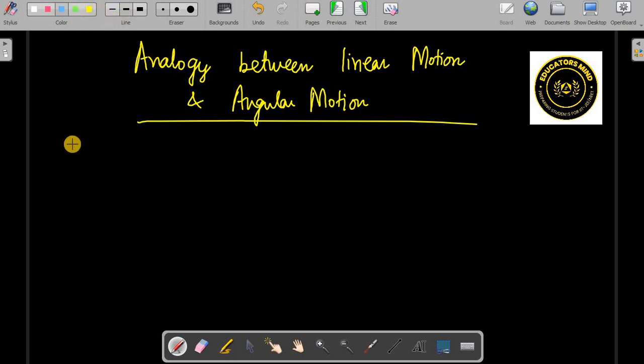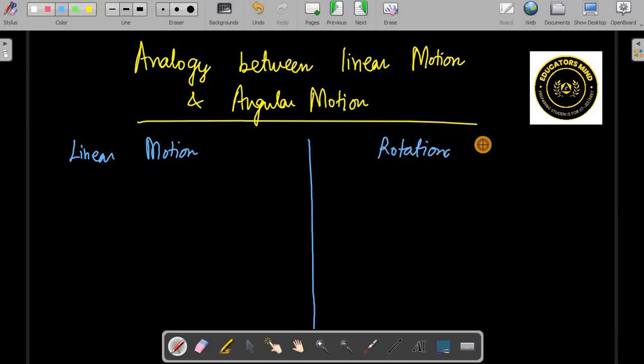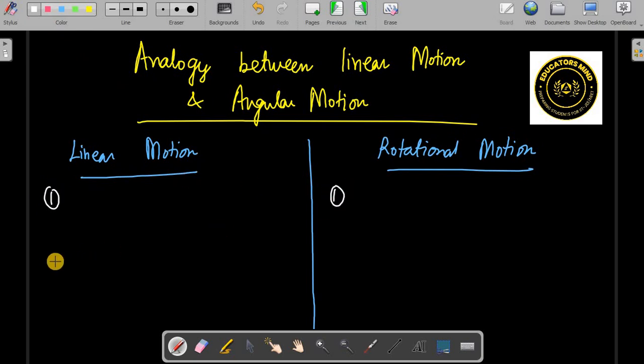So let us write linear motion. Motion means here we can write both kinematics and dynamics. Rotational motion. So by using the concept of analogy, we can study all the things which are analogous. Okay?